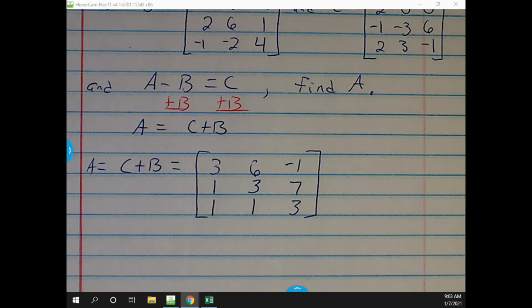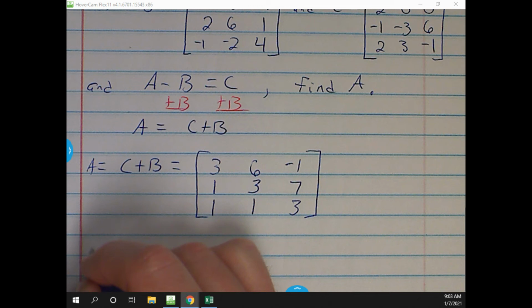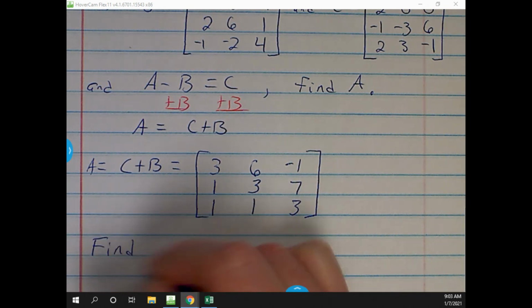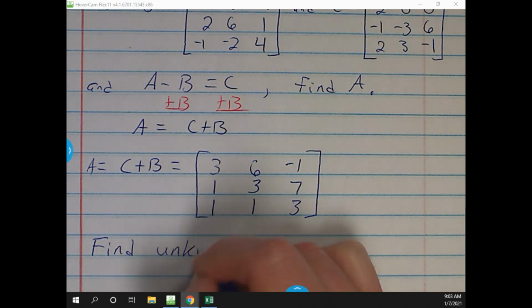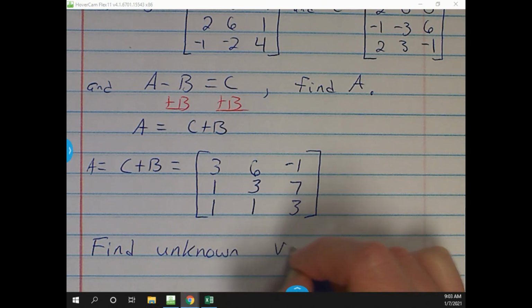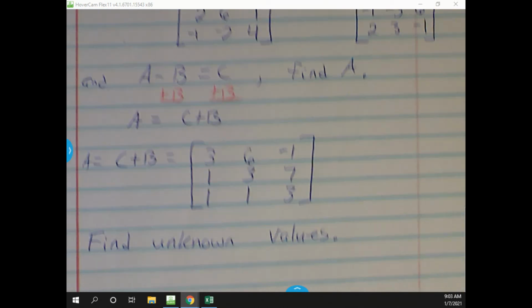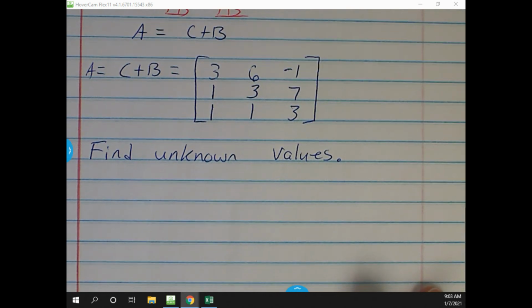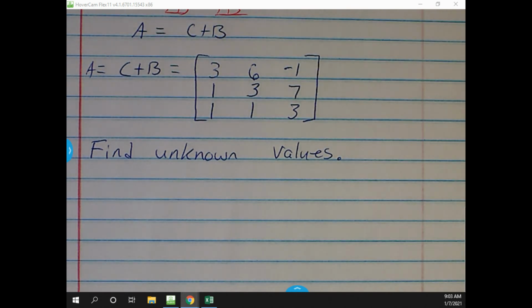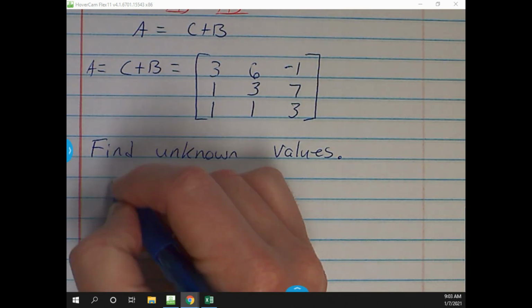Okay, and then the last thing that they'll throw at you with section 1 here, where we're working on solving equations, is they're going to ask you to find some unknown values. And this is normally where they'll give you two matrices that are equal to each other, so that you'd have something like this.